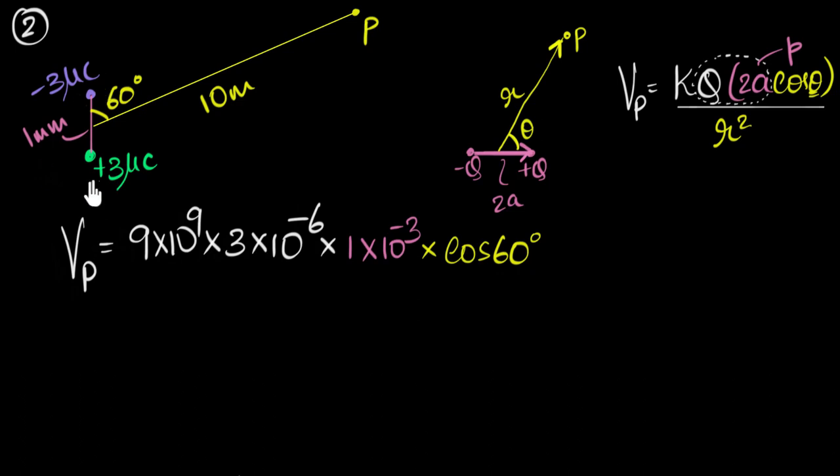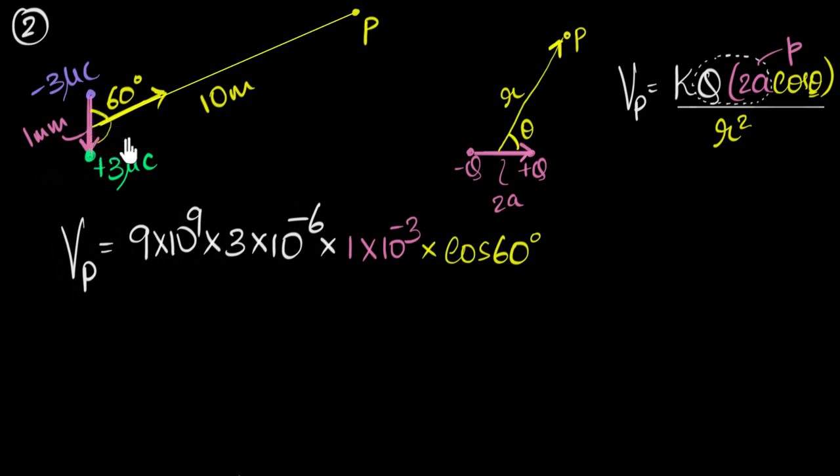So over here, what is our dipole moment vector? Dipole moment vector is from negative charge to the positive charge. It's downwards this way. This is our dipole moment vector, and our r vector is this way towards p. And so notice the angle theta is this angle, and that's not 60.